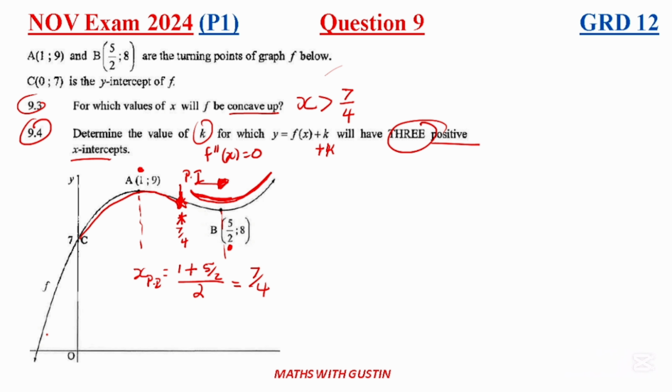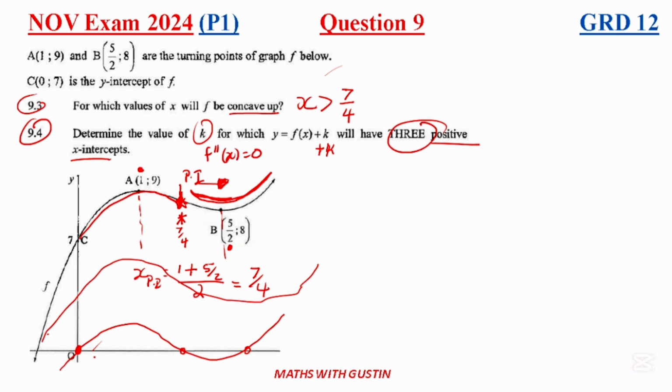So let's say for an example, if we were to move it here, it's still not touching the x-intercept. And then if I were to move it here in the origin, let's have a look. It's touching the x-intercept here, it's also touching here, and it's also touching there.